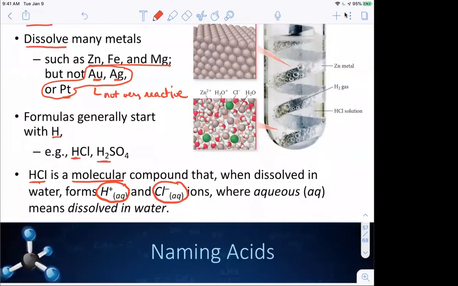The aqueous, which is this symbol here, just means it's dissolved in water. So here you can see these bubbles are actually caused because hydrogen gas is released when the acid is reacting with the zinc metal.